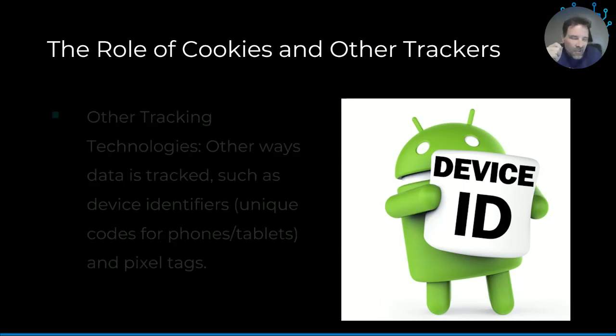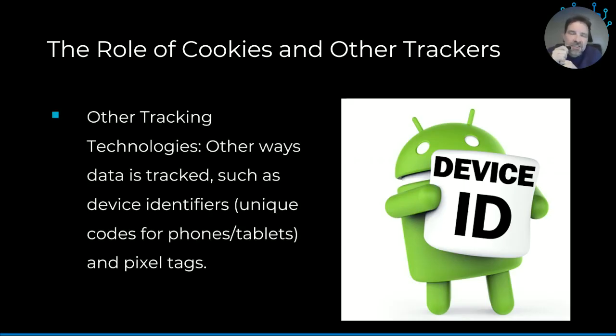Device ID is something else that's used to track online activity, right? Every single device has a unique ID. And the websites are able to tell from that ID which type of device it was: a notebook, a tablet, or a telephone. And that's another piece of the puzzle that will tell them about the person using their services.